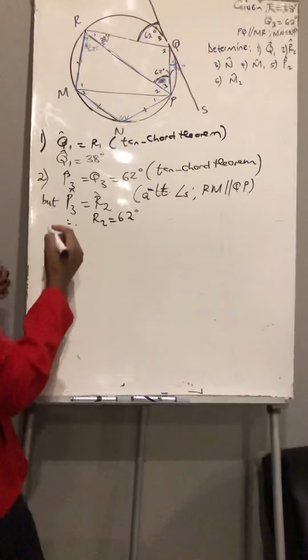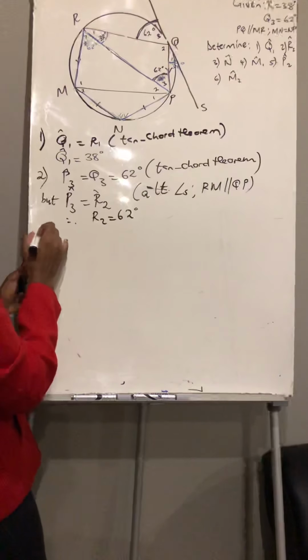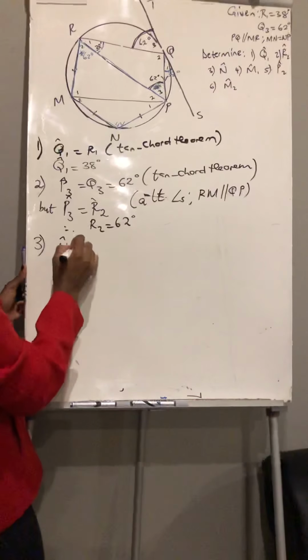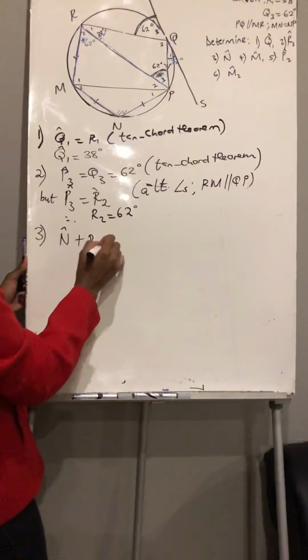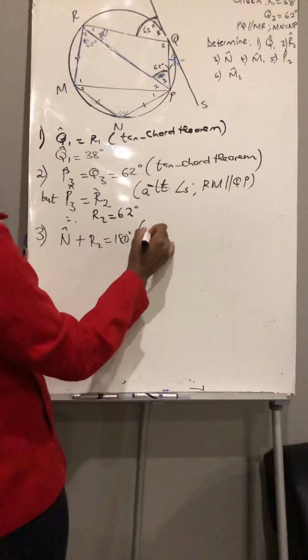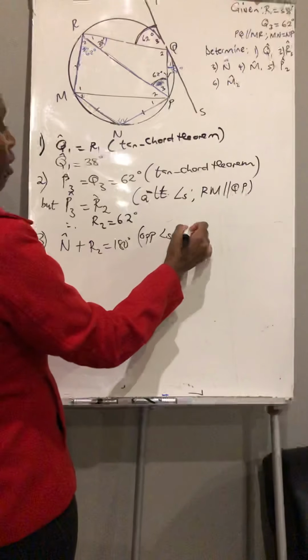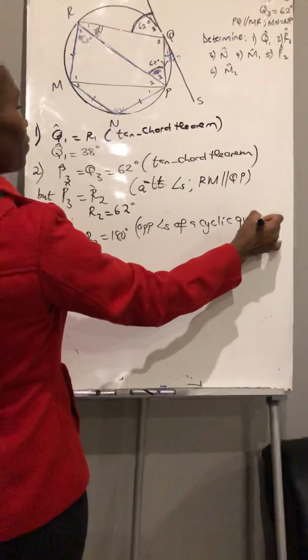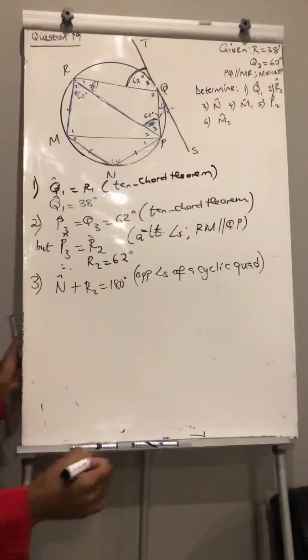So as you can see, I can easily go and write, say number 3. I would like to say angle N plus angle R2 should give us 180. And of course, these are opposite angles of a cyclic quadrilateral. I hope you're following.